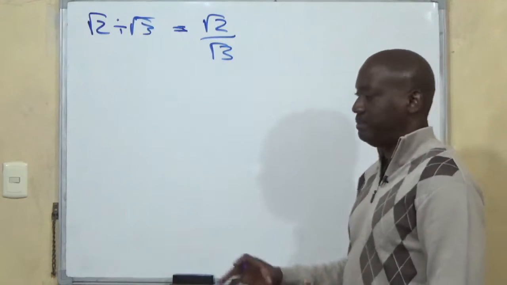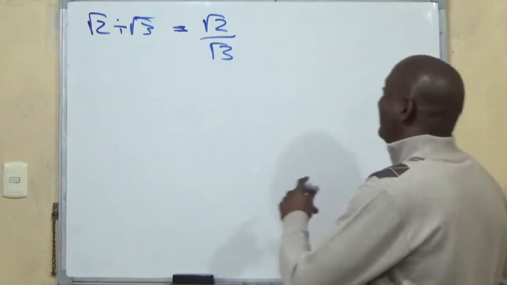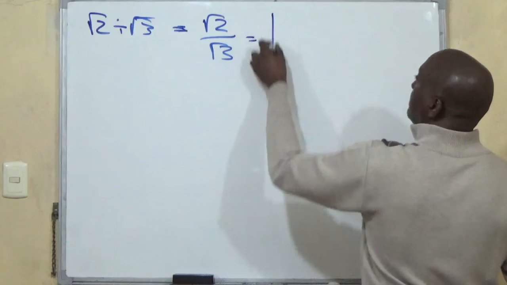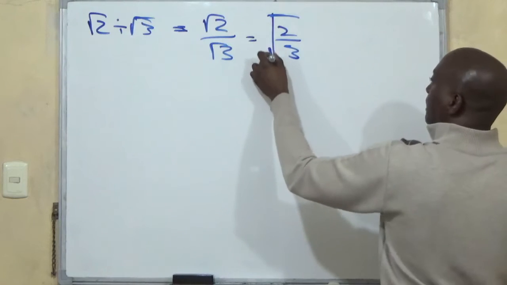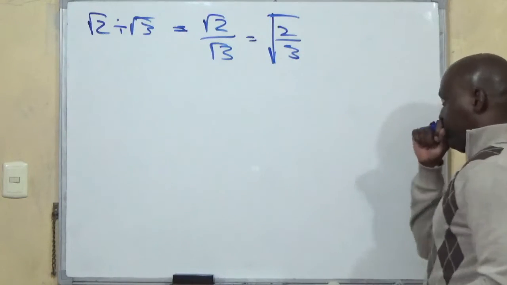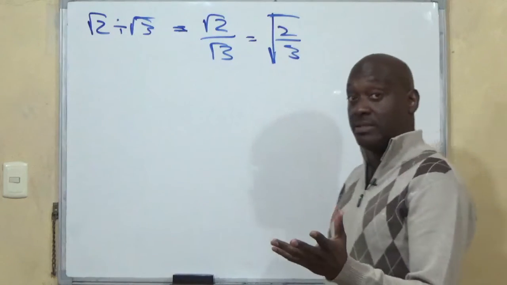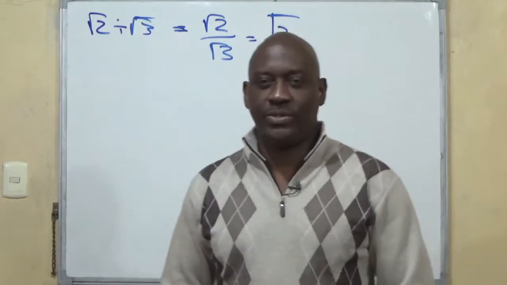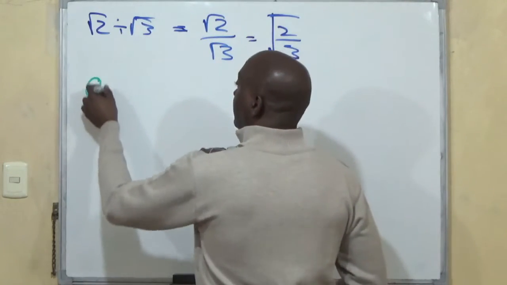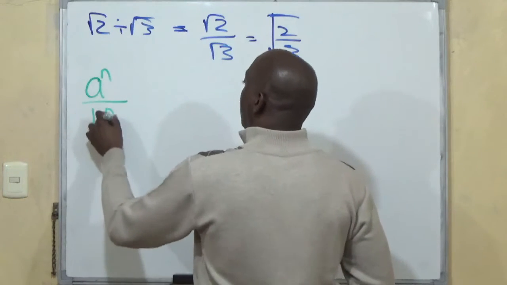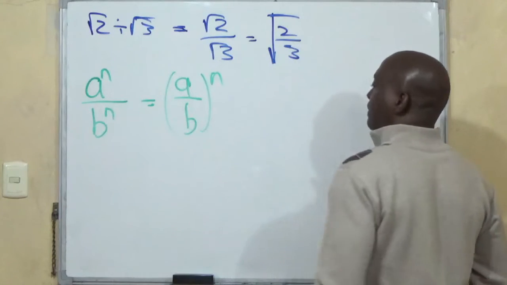Once you do that, you start to move into a different kind of territory, because this will simply give you as the final answer the root of 2 over 3. The reason we can do that is one of the rules of indices, which we already covered in previous videos: a to the power of n over b to the power of n is equal to a over b, all to the power of n.